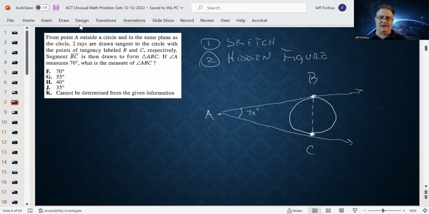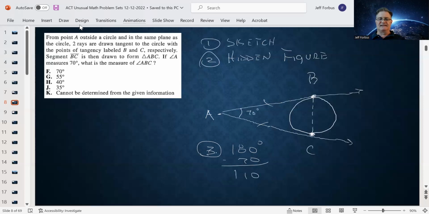Well, it turns out from here to here and here to here, the same distance. So this is an isosceles triangle. What do you know about isosceles triangles? In this case, angle B and angle C will be the same magnitude, the same value. So a triangle has 180 degrees in it. We're given 70. If we subtract the 70, we get 110.